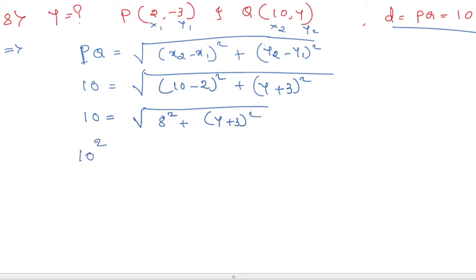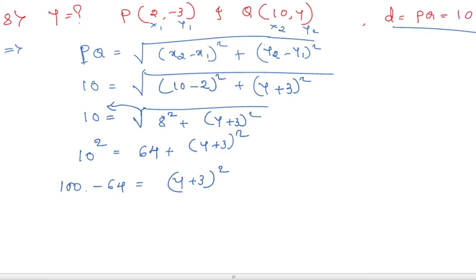So 10 square is equal to 8 square, that is 64, plus (y plus 3) whole square. So 10 square means 100, minus 64 is equal to (y plus 3) whole square.